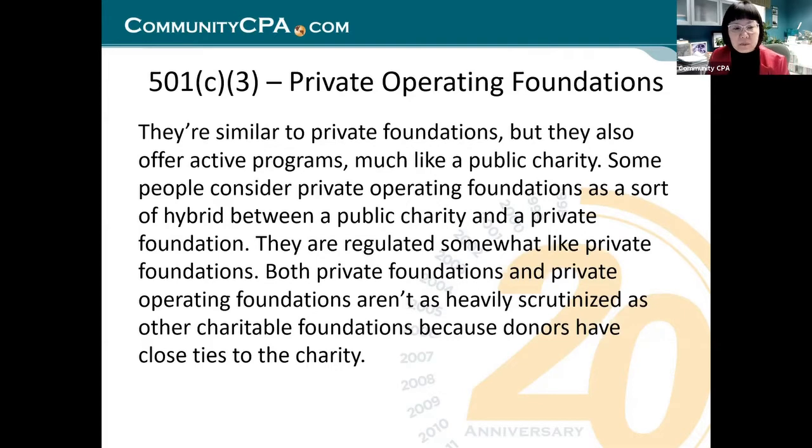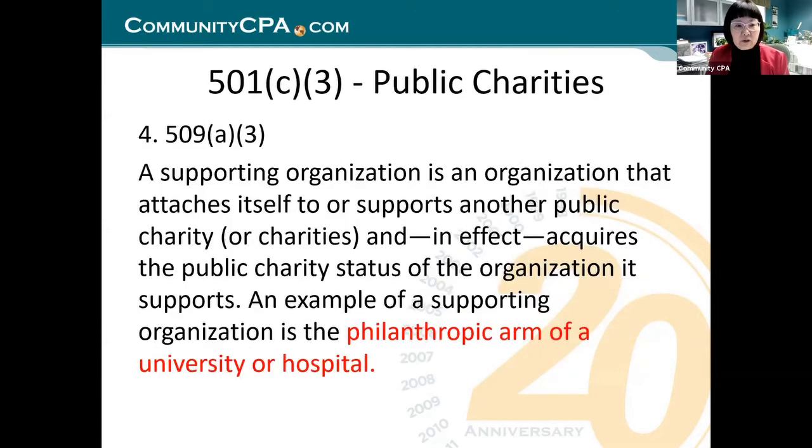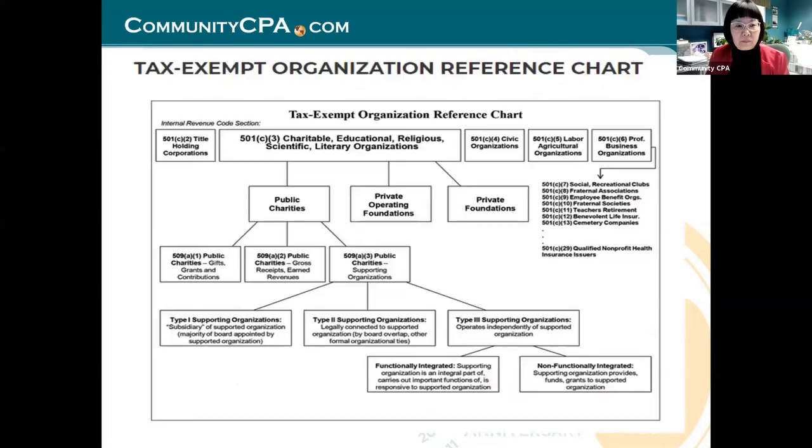Both private foundations and private operating foundations are as heavily scrutinized as other charitable foundations because donors have close ties to the charity. So I just want you to understand the structure of it. Let's go back to our map earlier. You have this private operating foundation and private foundation. The title of private just means the funding comes largely from the people who run the nonprofit.